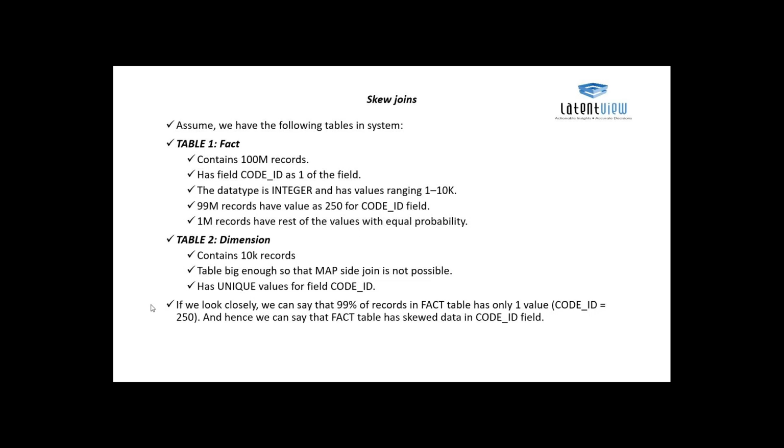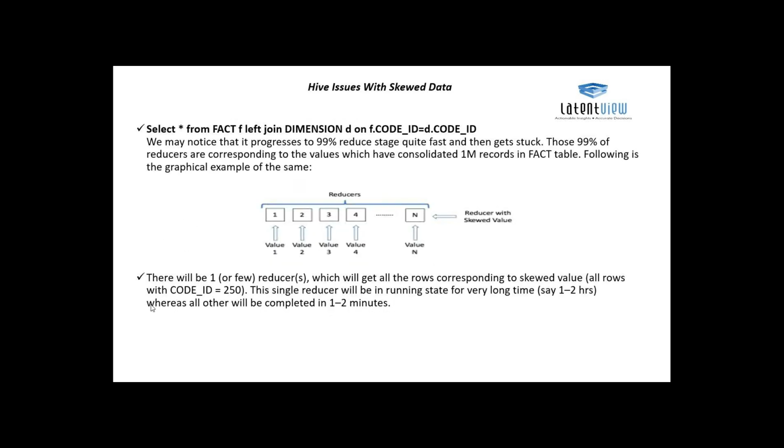Now if I'm trying to do a join on the code ID, skewness will happen. What do I mean by skewness? You can see the query: select star from a table, do a left join on the other table on these conditions. When you do this, what will happen?